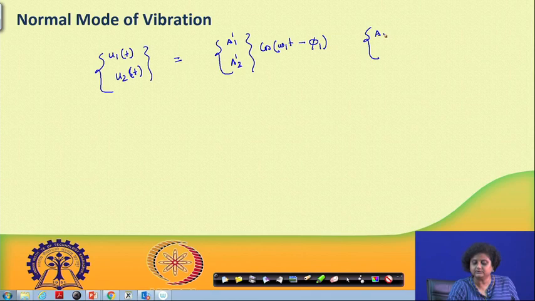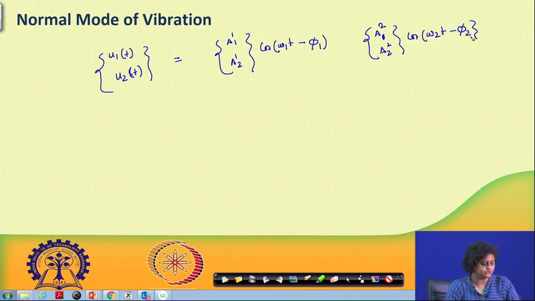The other solution that I get is A12 and A22 times cos(omega 2 t minus phi 2). So, these are the solutions that we are going to get.